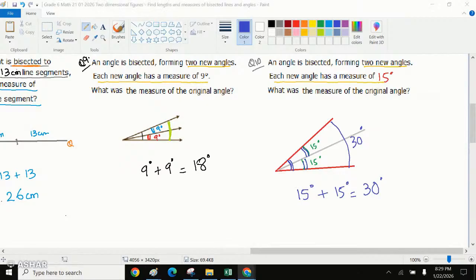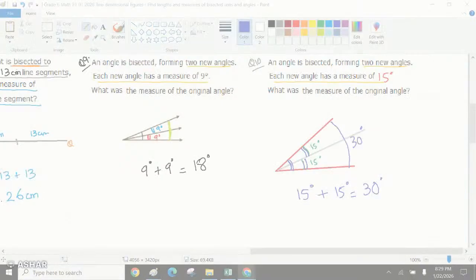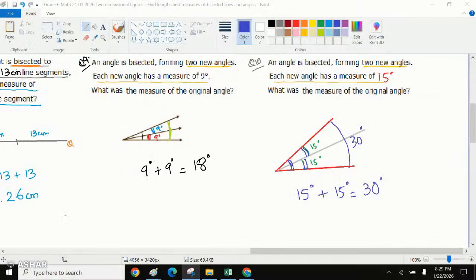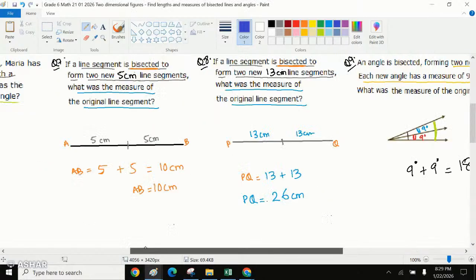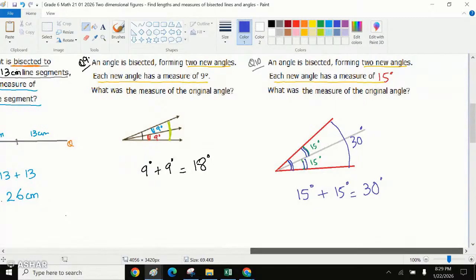Let's see some more. Very similar question, the next one. Let's copy the same, then we'll try to change this, and we do the other way around. We have space now.